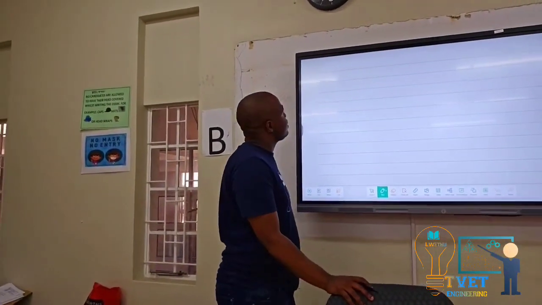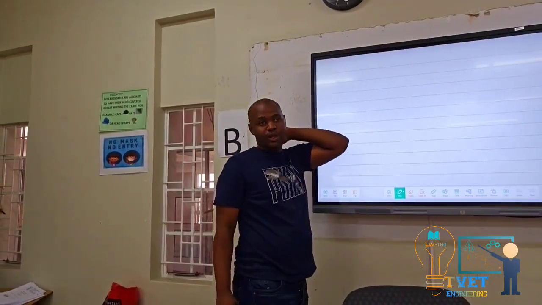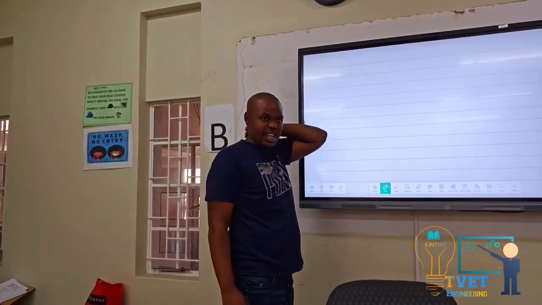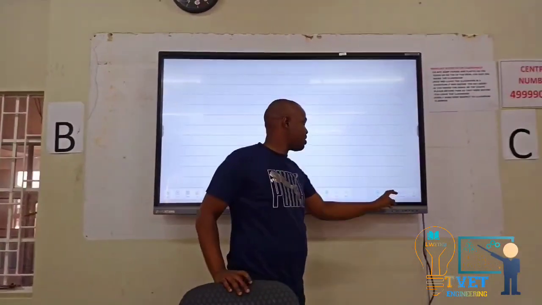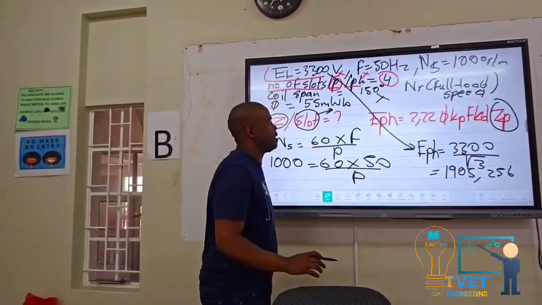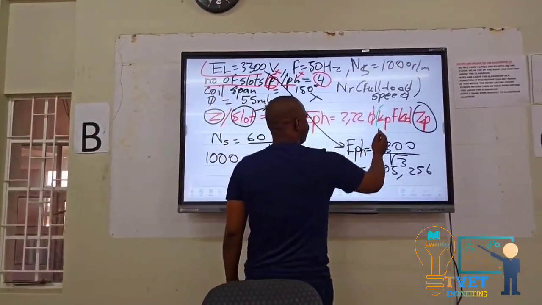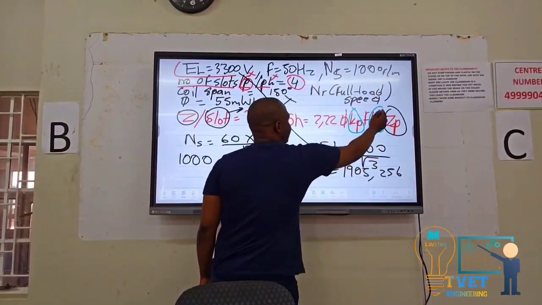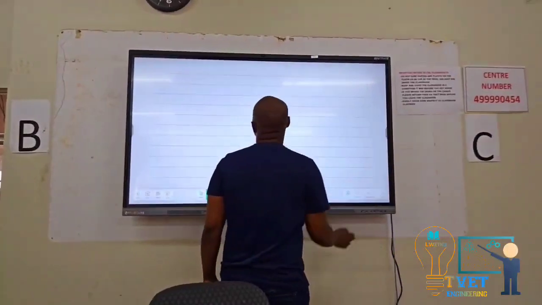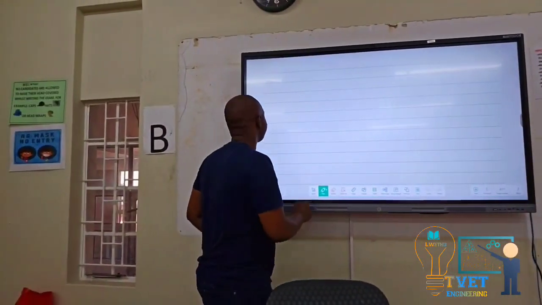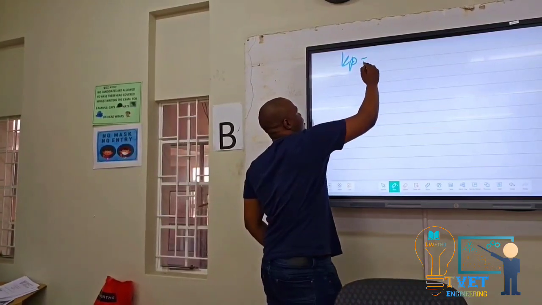Now that I've found the voltage, I can substitute and solve for the number of conductors. The pitch factor and the distribution factor, the balance one.